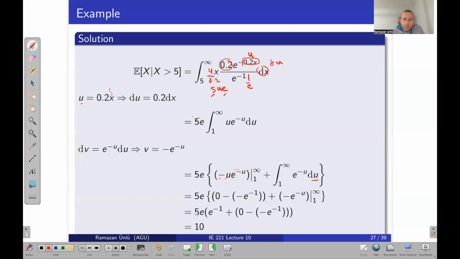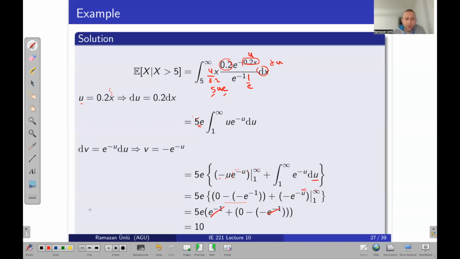So we will have 5e times, where 5e is coming from before, e to the minus 1 plus 0 minus e to the minus 1. Why 0? Because if I put infinity instead of u, that will approach 0, right?